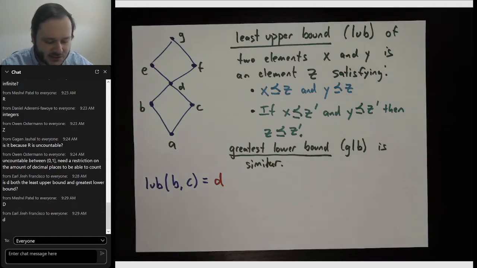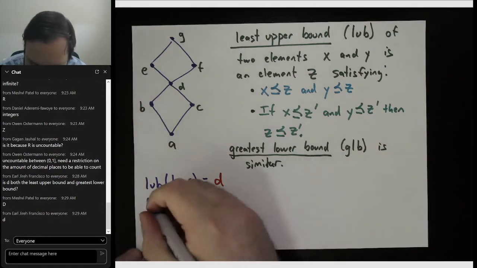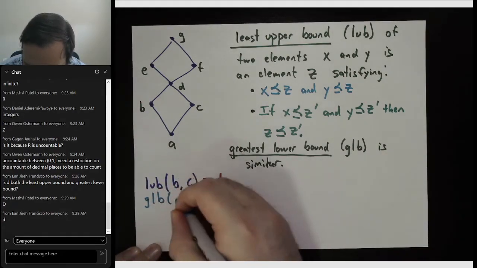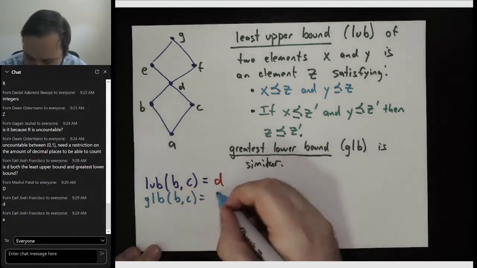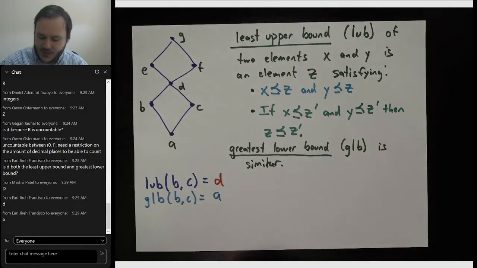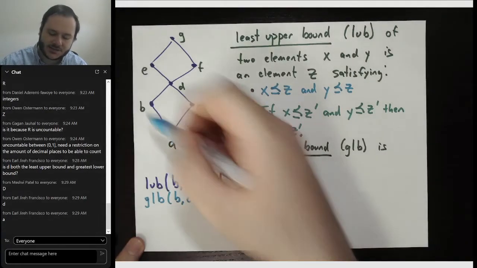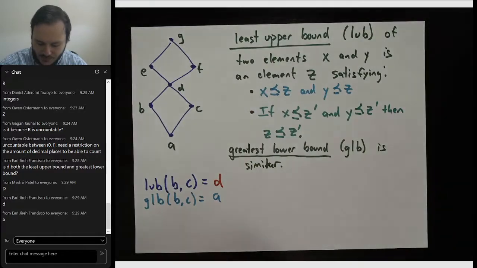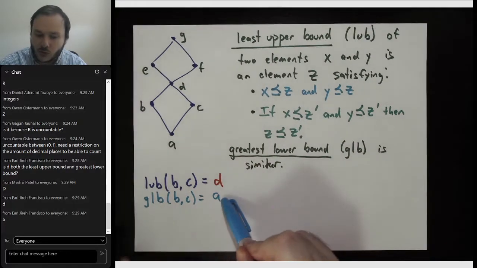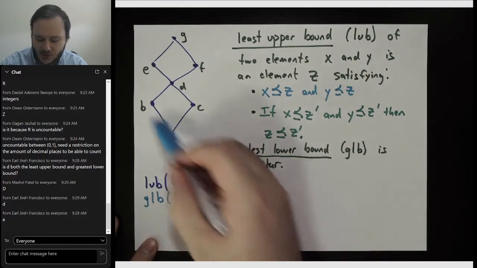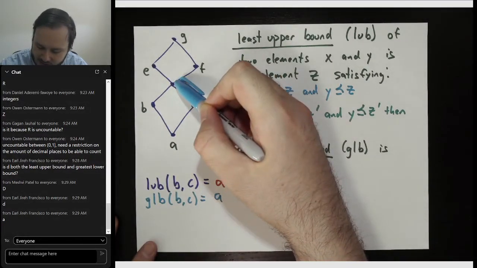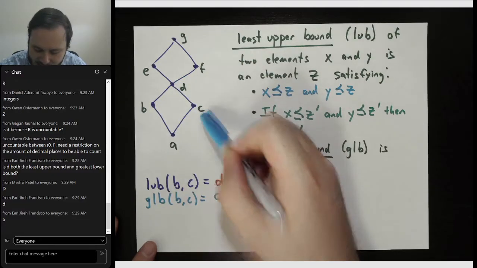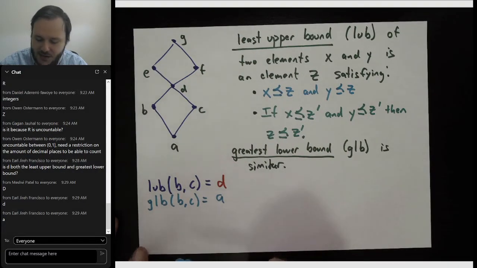What is the greatest lower bound of B and C? That one's A. A is the biggest thing that's smaller than both B and C. A is also the only thing that's smaller than B and C. But D is not the only thing that's bigger than B and C. What else is bigger than B and C?